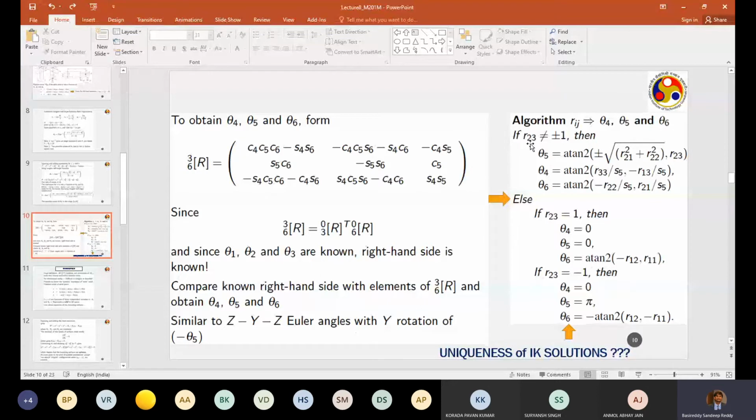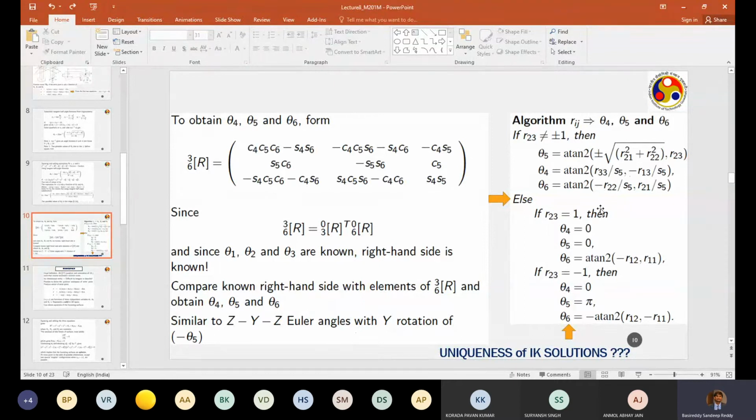Here it will fail if R23, that term in this rotation matrix 0 to 6, is plus or minus 1, right? And for both of those cases, this is the convention that they have adopted: take one as 0 and the other as 0 or pi.